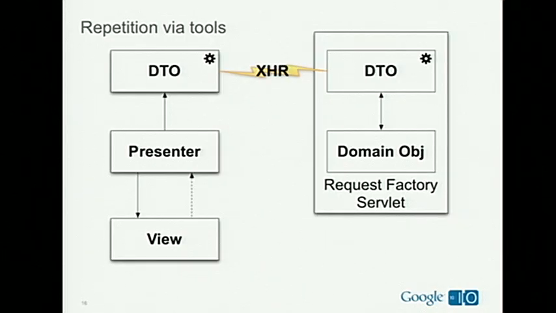And so we have the little gear there to indicate you didn't have to write that. The tool wrote it for you, and the tool's going to do its best to maintain it for you as well. This is sort of an idealized MVP platonic model view of this type of thing.